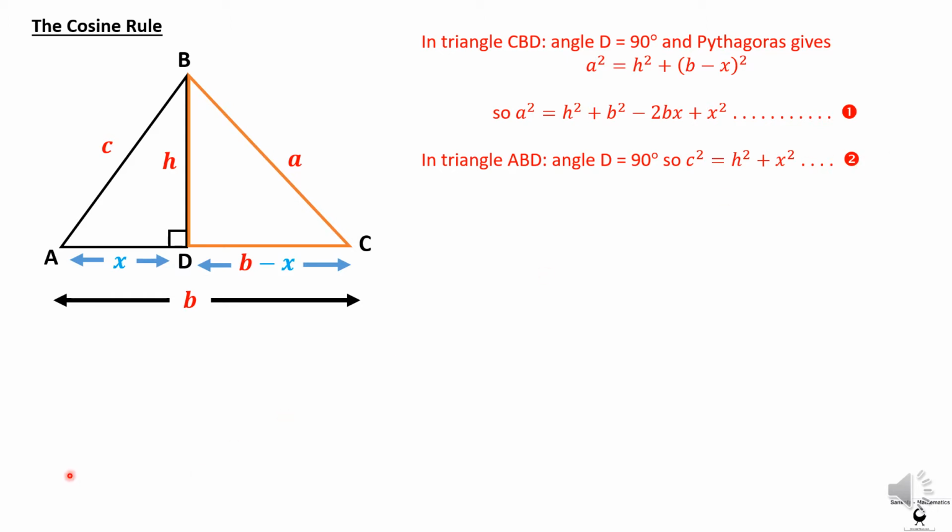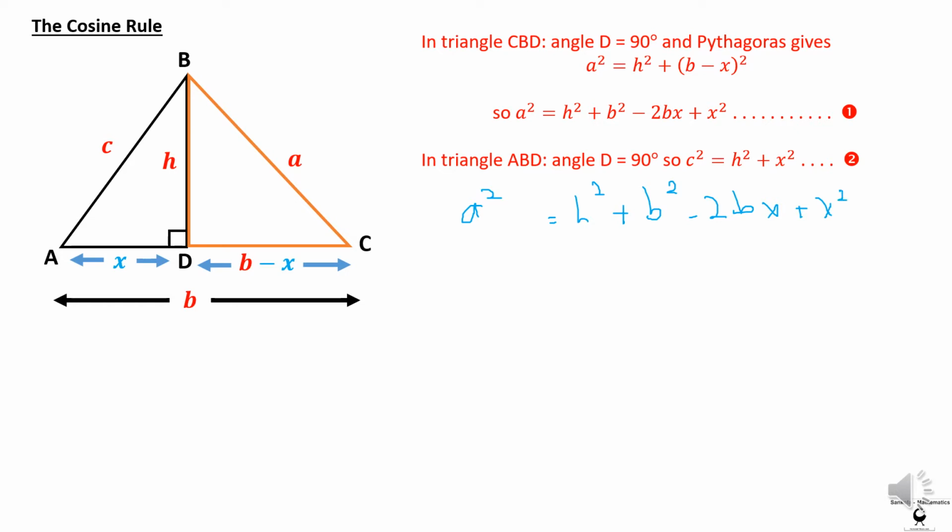So what I'm going to do is subtract equation 2 from equation 1. That means I'm going to say this a squared equals h squared plus b squared minus 2bx plus x squared. So that's equation 1.